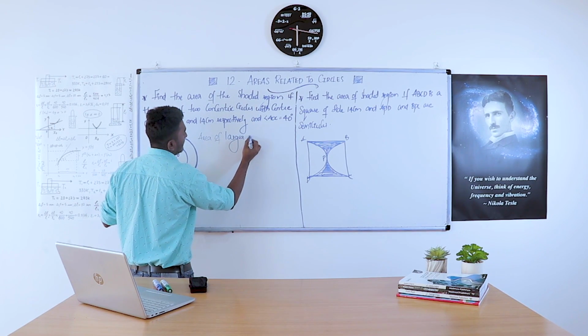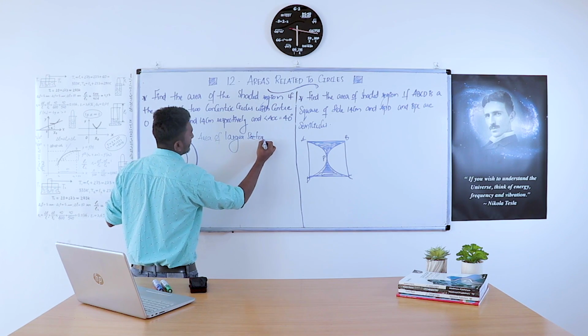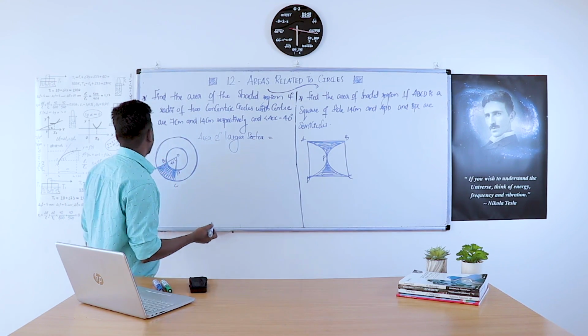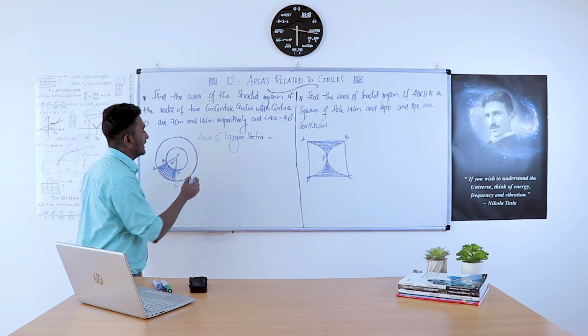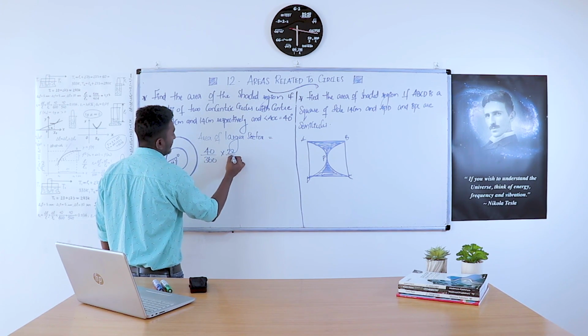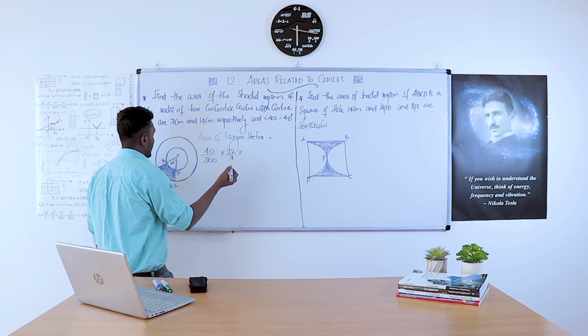The equation that you all know, theta by 360 into pi r square. Here theta is already given, 40 degrees. That is 40 by 360 into 22 by 7 into r square.